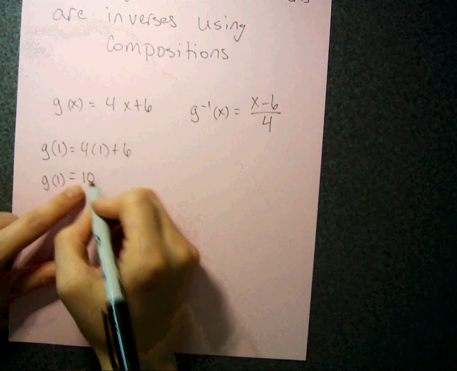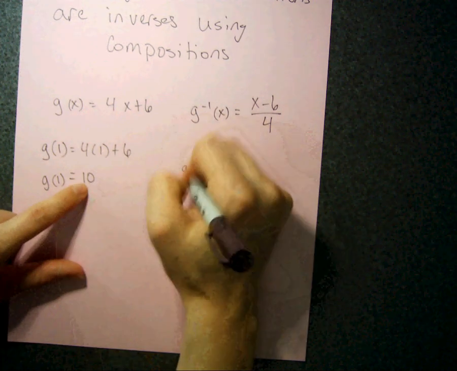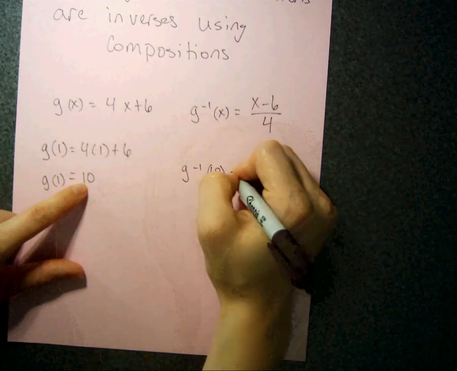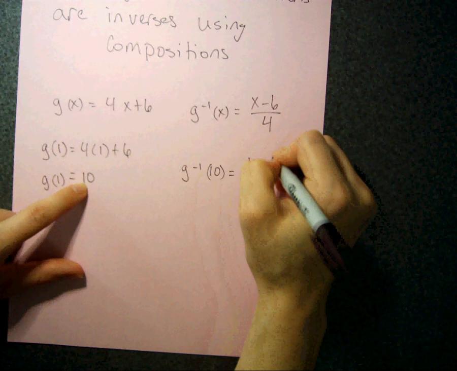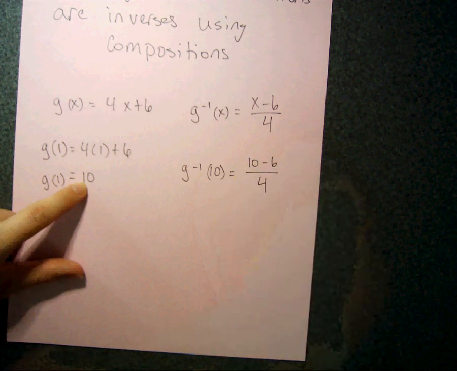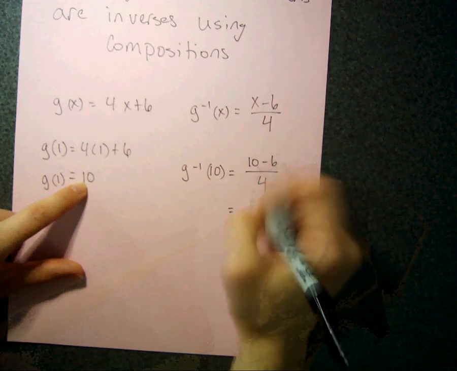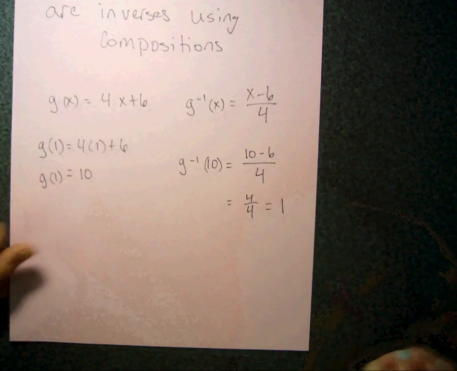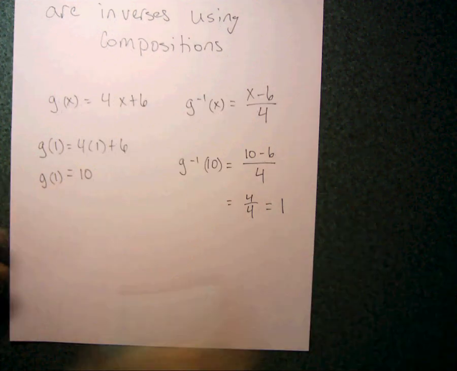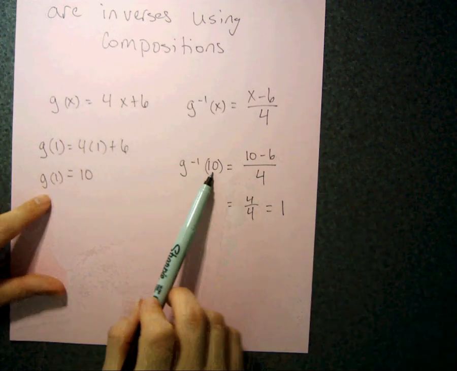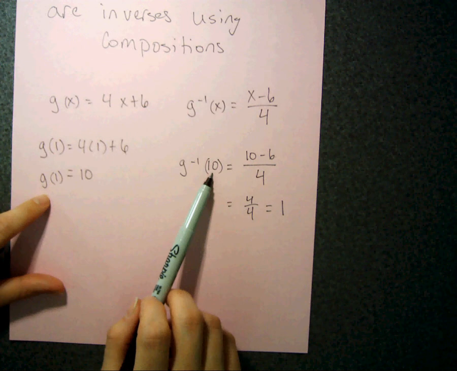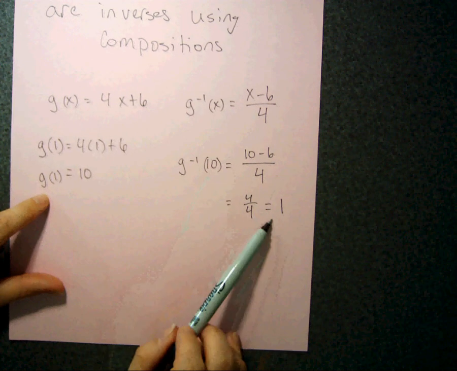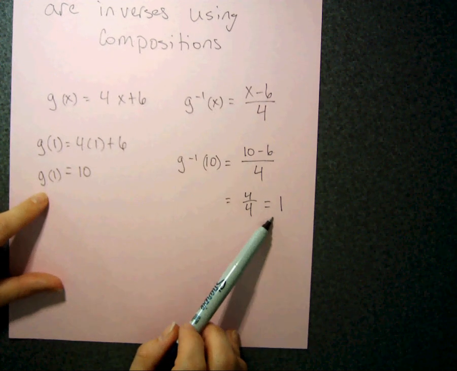So if I plug 10 into g inverse, what do I get? 10 minus 6 is 4. 4 divided by 4 is 1. Right? So the inverse will take the y value and give me the original x value back out.